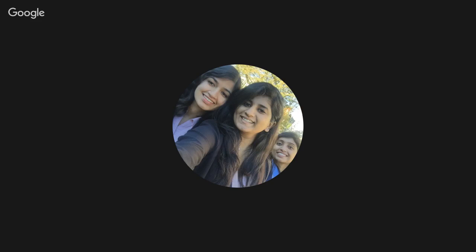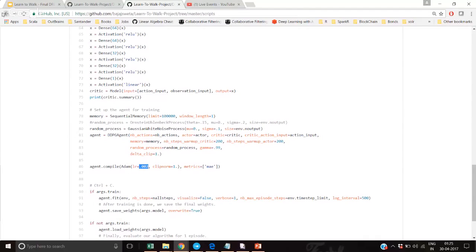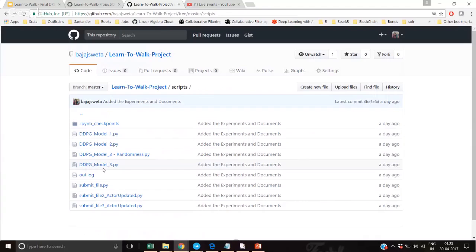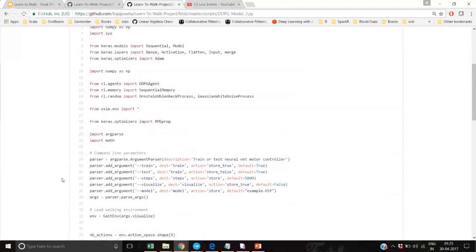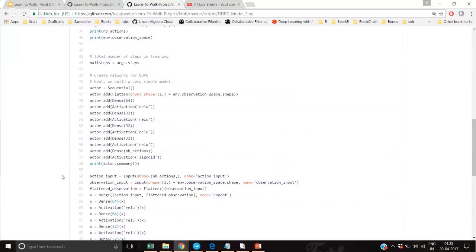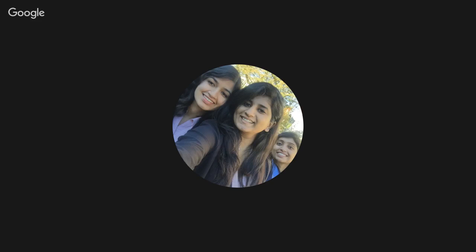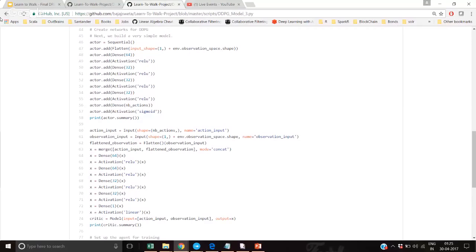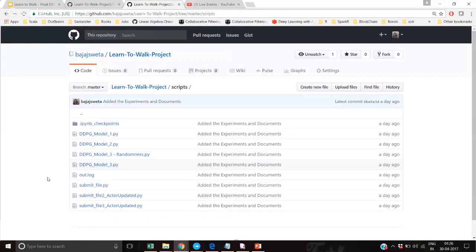And you see that the learning rate is 0.002 here in the DDPG model 3. I've taken the Gaussian white noise, and I've reduced a layer here. So this is about the different layers that I was trying to take, and this is the output that I received.